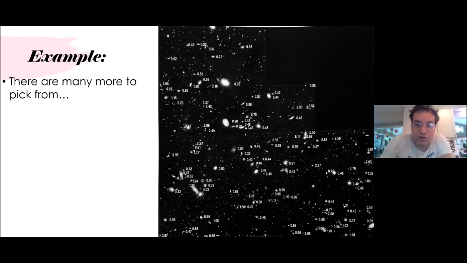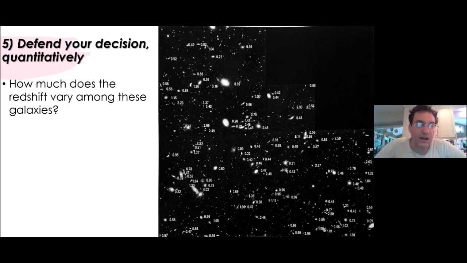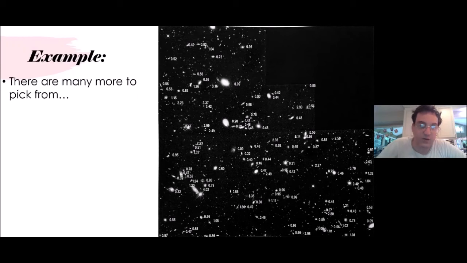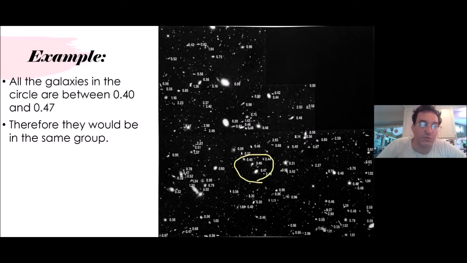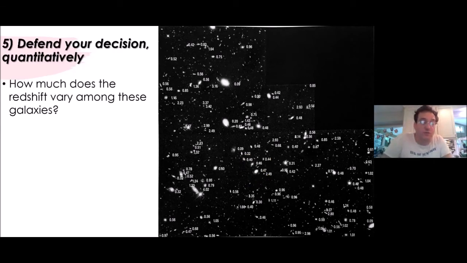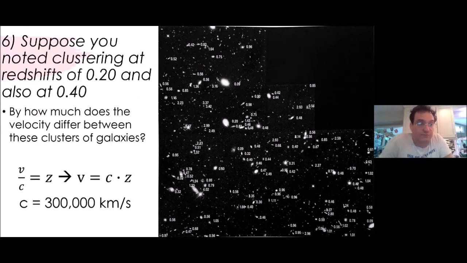Find a grouping of galaxies that have the same value. Then after you've decided where your grouping is, decide how much the redshift varies among these galaxies. In my example, it was between 0.4 and 0.47, so my answer for that one would be 0.047.